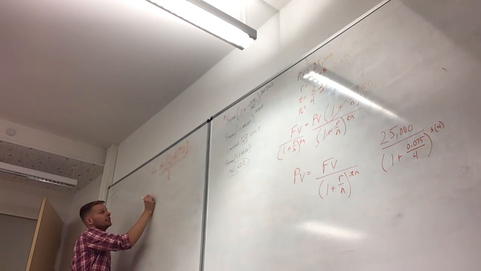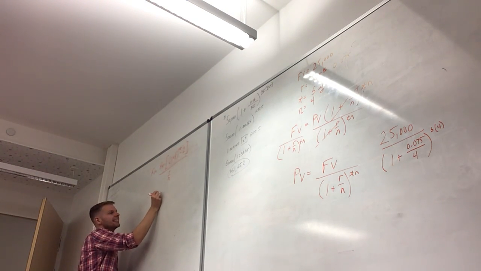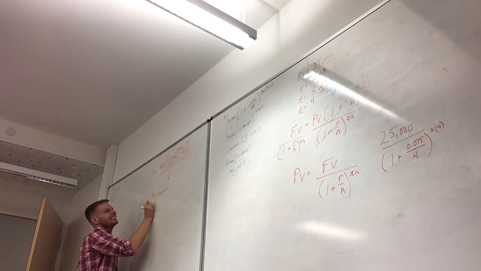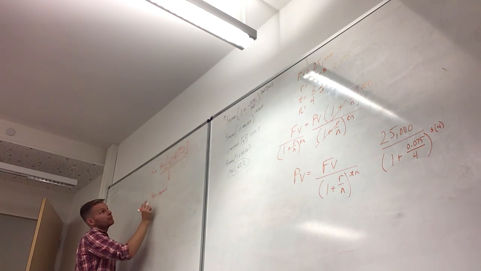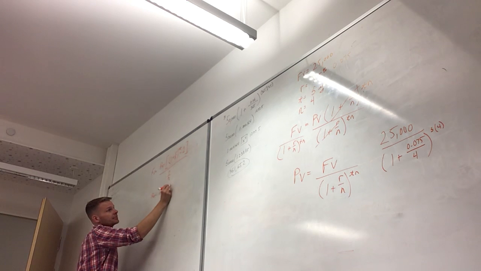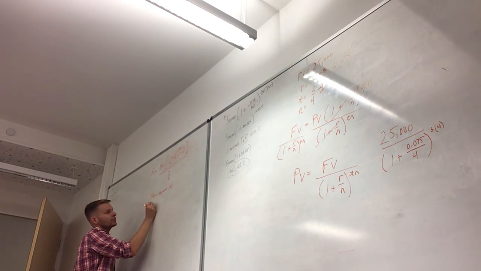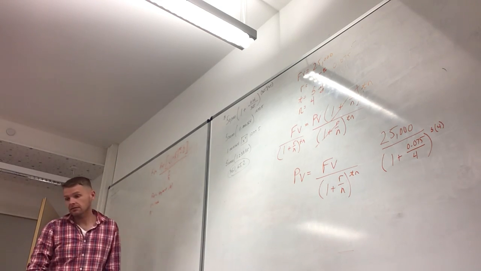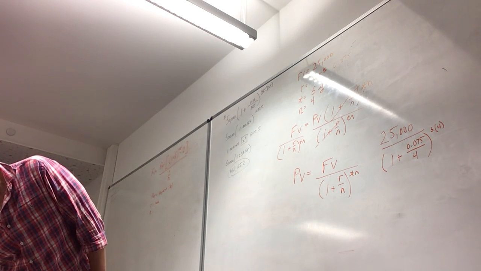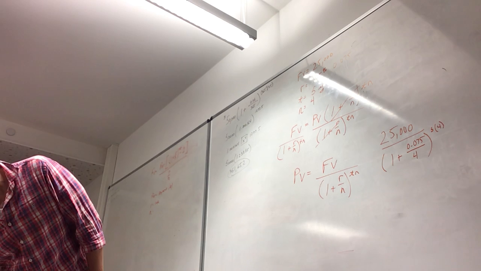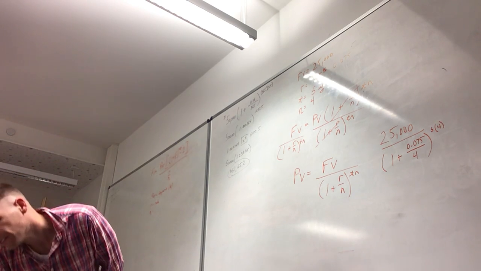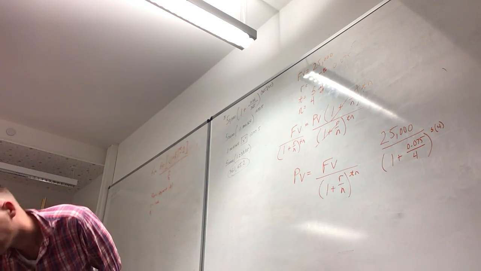PMT is your payment, how much you're paying in dollars. R is again your rate. N is going to be your compounding period, I believe. Number of payments, which is the same as the number of compounding per year.